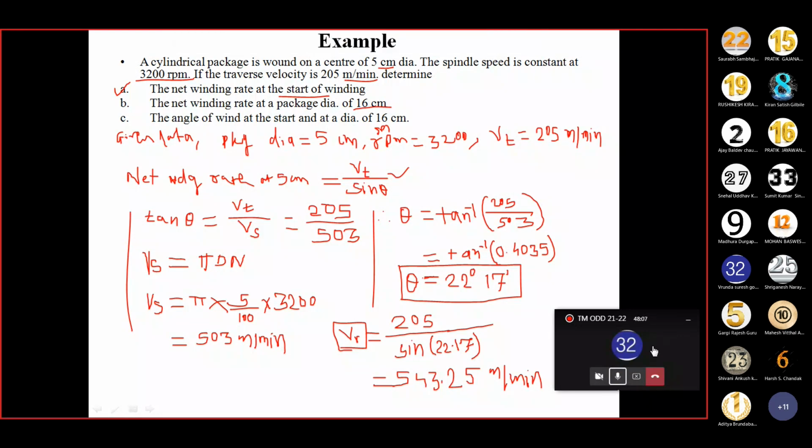Okay. For 16 centimeter, have you got the answer?